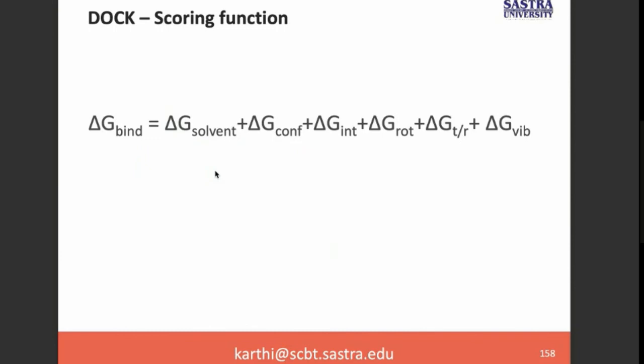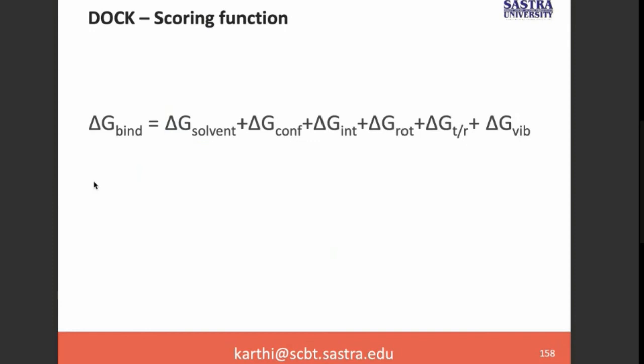All the docking algorithms will have this scoring function for evaluating the fitness score, right? This is a simple way to calculate the binding energy, right? Some algorithms may use a very complicated scoring function. What I'm showing here is a very simple way to understand what exactly is the meaning of the scoring function, and what it actually calculates.